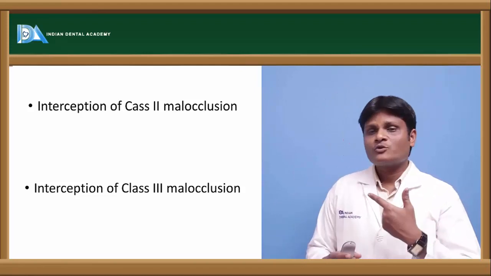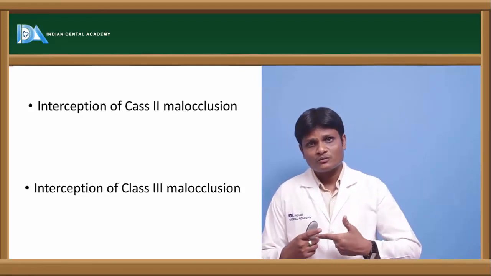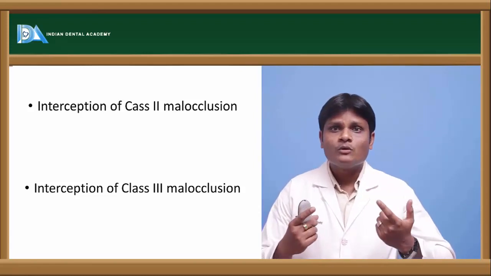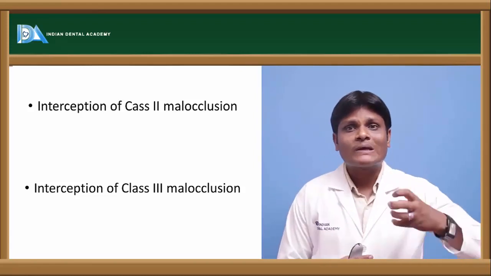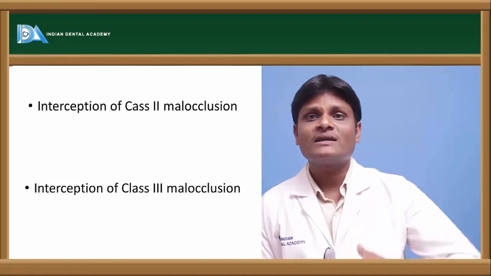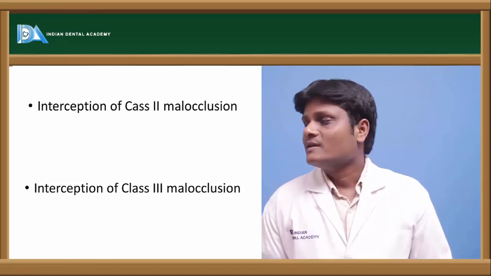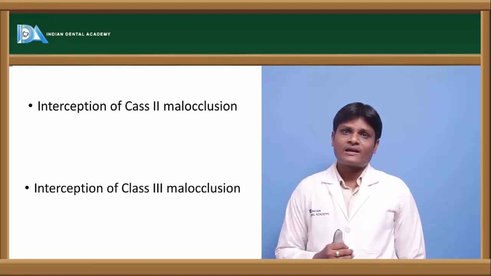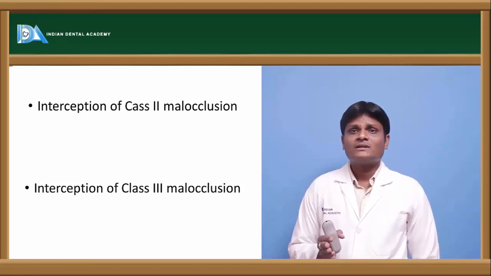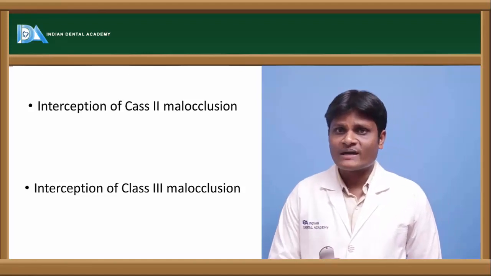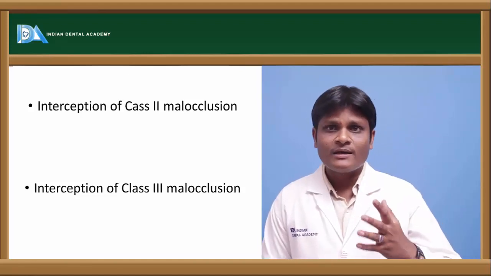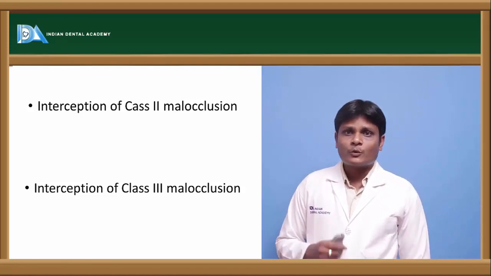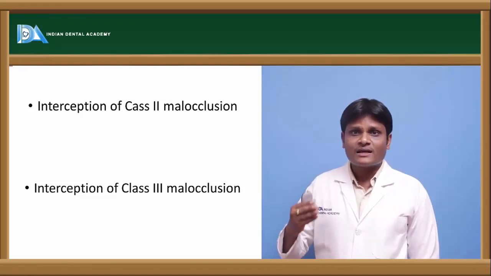Whereas if a developing class 2 malocclusion is due to reduced growth of the mandible, we can use functional appliances to modify the growth of the mandible or to increase the growth of the mandible, thereby improving the interarch skeletal relationship. Similarly, if a patient is having a developing class 3 skeletal malrelationship, then we can use a reverse headgear or face mask if the fault is with the maxilla, and we can use a headgear with a chin cup if the fault is with the mandible, to intercept the developing skeletal malocclusion.